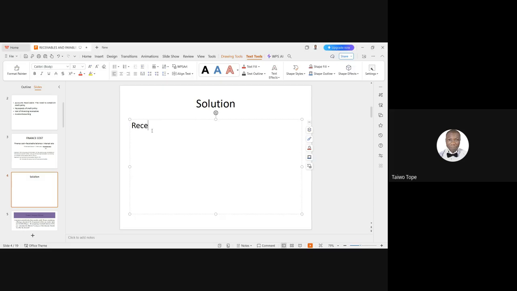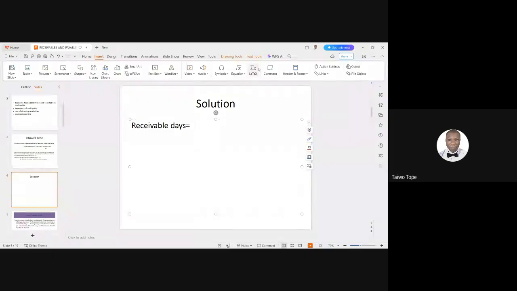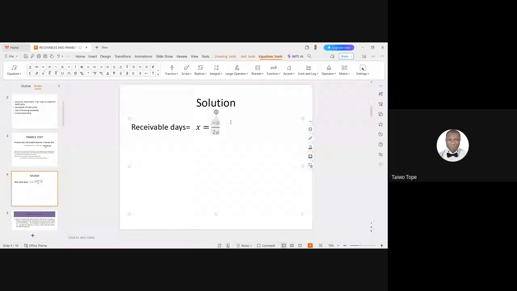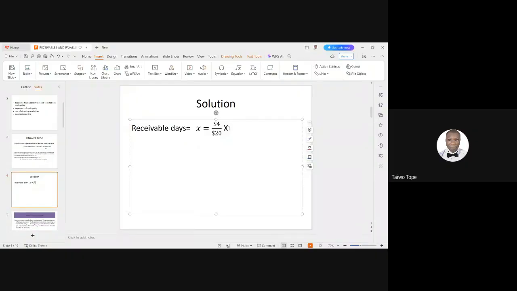So receivable days will be equal to 4 million divided by 20 million, multiplied by 365 days.